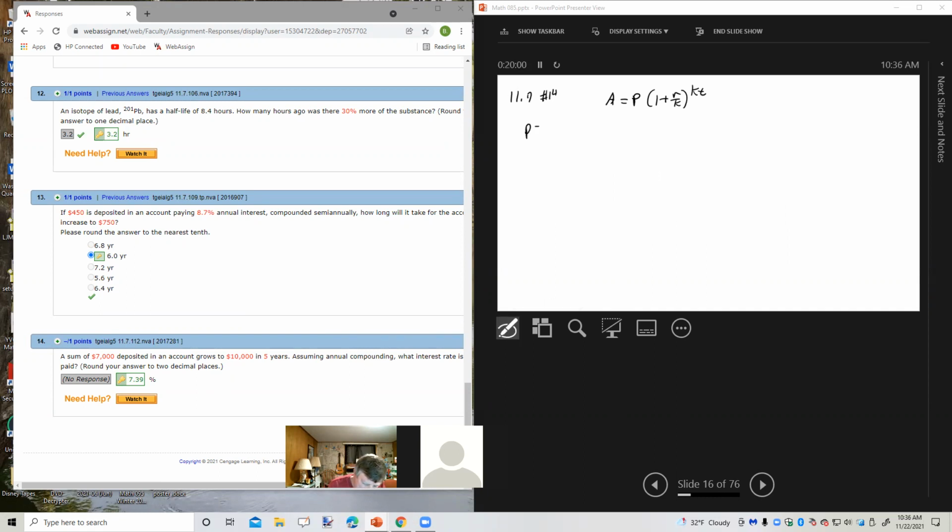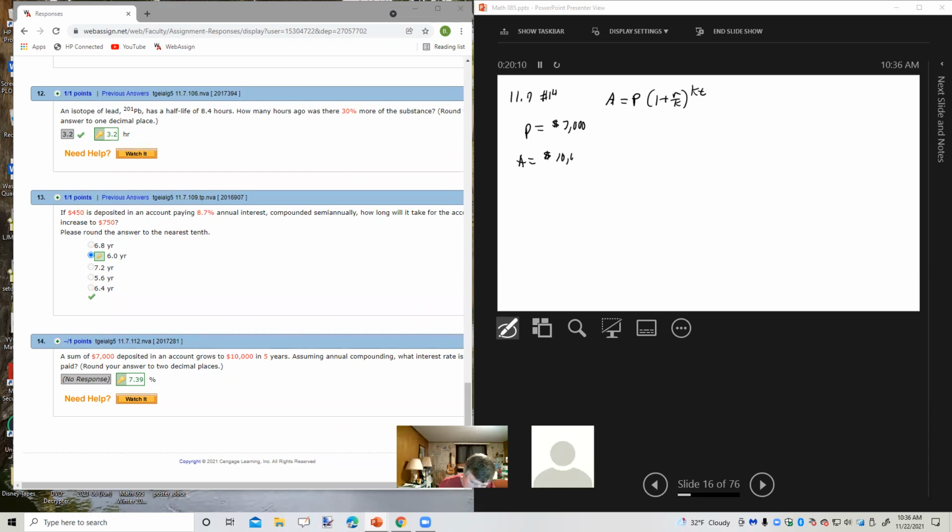$7,000 is deposited, so that's P. The account grows to $10,000, so that's A, in 5 years, so that's T or time. Annual compounding, so K is 1, and we are to find the interest rate and rounded to 2 decimal places.